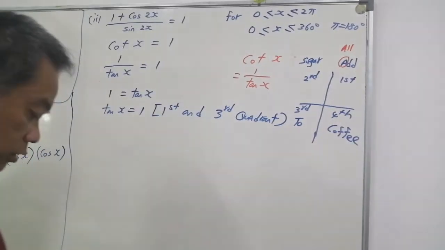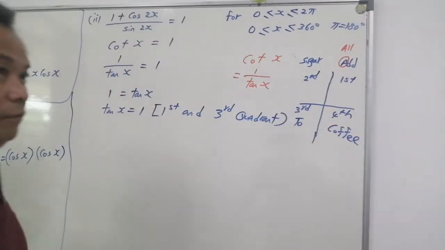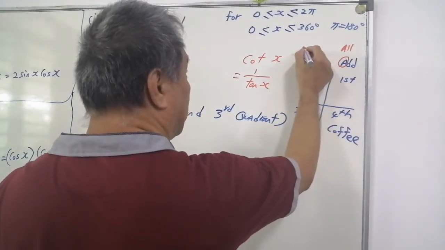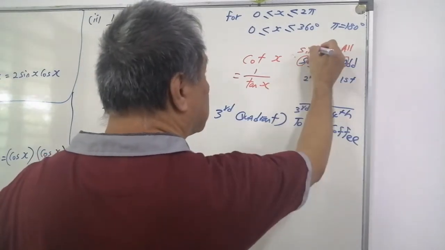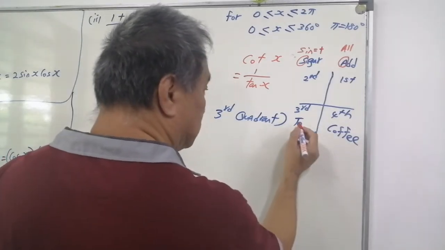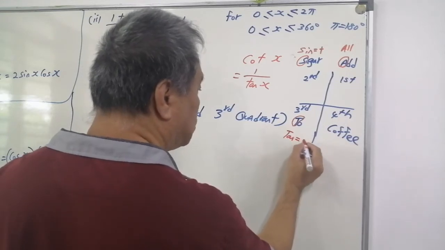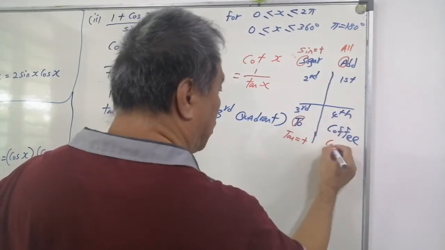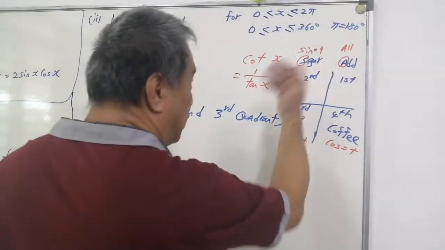This means in the first quadrant, your cos, tangent, sine are all positive. And the S in sugar stands for sine. This means in the second quadrant, only sine is positive. For the third one, T for tangent, this means only tangent is positive. For the fourth one, coffee, means only cos is positive. First and third, definitely you understand it.